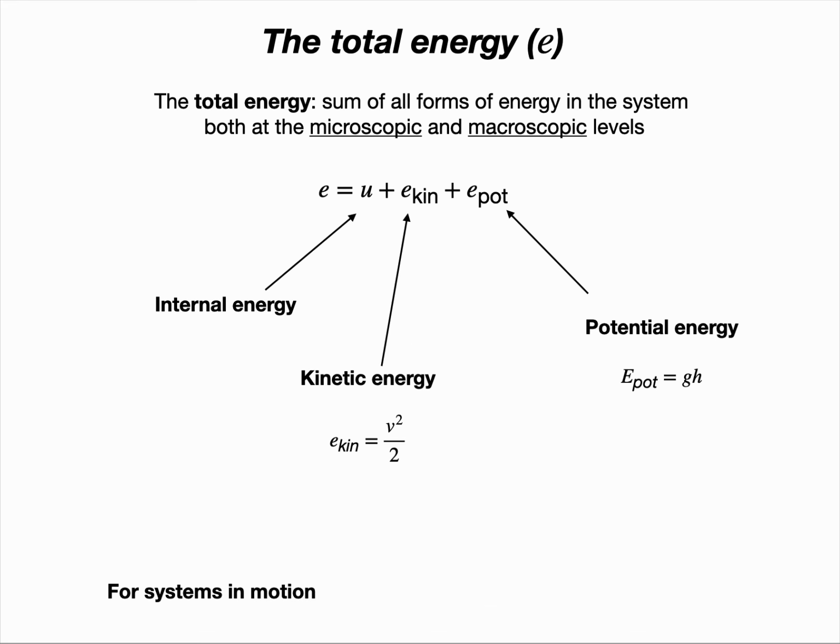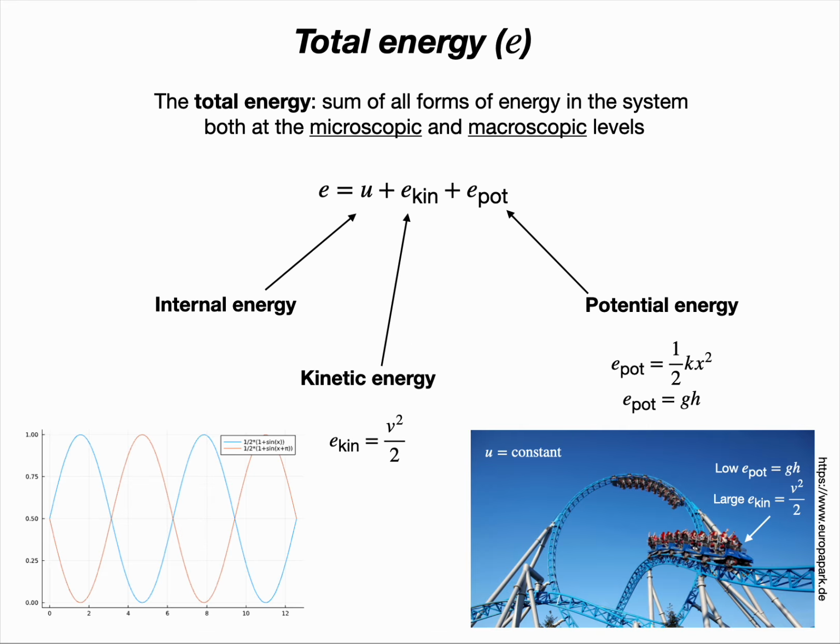So this is really for systems which are in motion. Remember the example of the roller coaster where the conversion between potential and kinetic energy is taking place. That was 2 weeks ago. Just to stress it again, remember U, this is microscopic energy, and these ones are macroscopic contribution, meaning the scale of the whole system which is in motion.